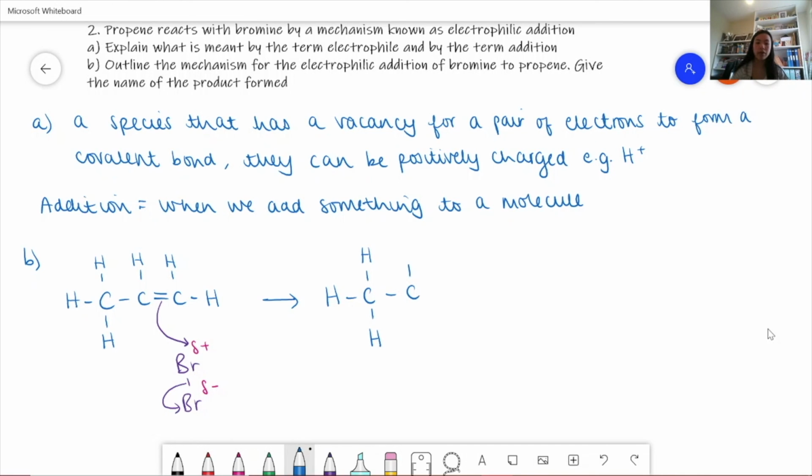So we have carbon and then a hydrogen, and then this will be a bromine, and this carbon will be positively charged. We also have a bromide ion that we formed because the electrons from the original bromine bond have moved towards this bottom bromine, making it negatively charged.